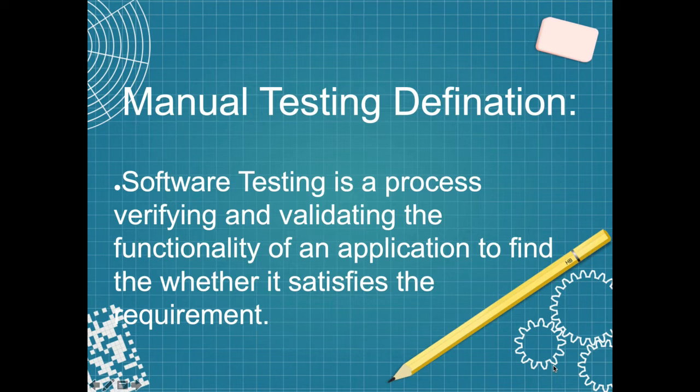Once the application is built, the QA or tester will test the application. That is nothing but testing. So manual testing is purely where a real person will sit and test the application. That is nothing but manual testing.